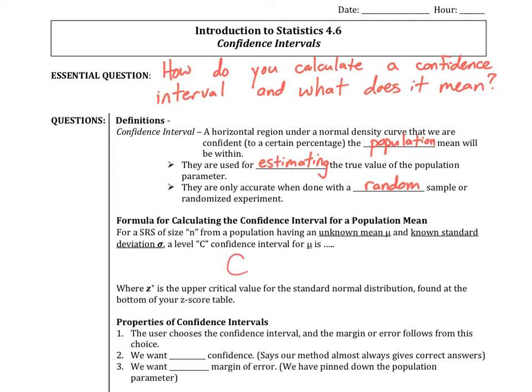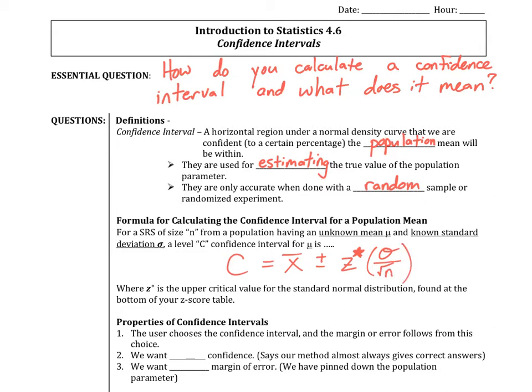C, which stands for how confident we are, is equal to x bar plus or minus z star. This is a new term; z star is different than z. And then we have sigma, which is the standard deviation, divided by the square root of n.